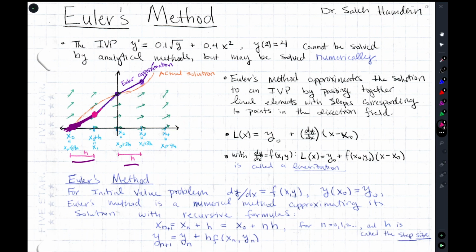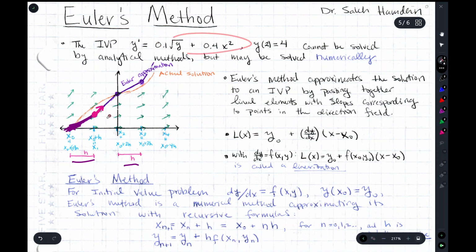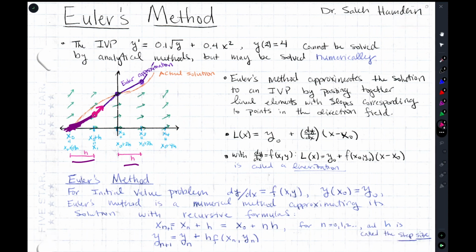And at this new point, we have a slope there. And how do we get the slope, by the way? The slope is given by taking this point and plugging it in here. This has an x and it has a y. And we just plug the x and y in there and we get the slope. And so we calculate the slope and we say, okay, well, this next line has this slope, and we're going to move along h step to the right.